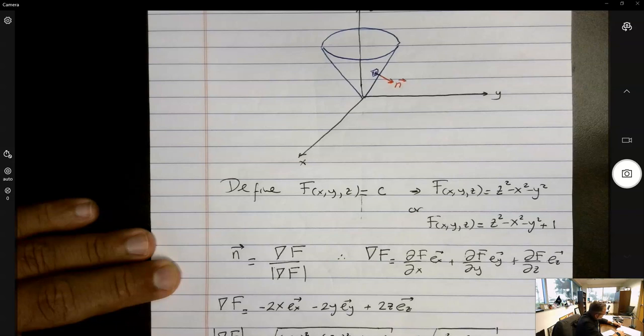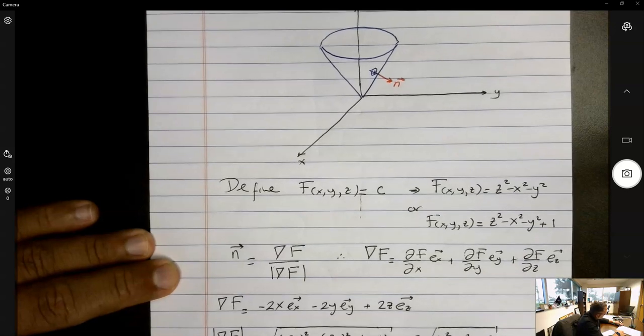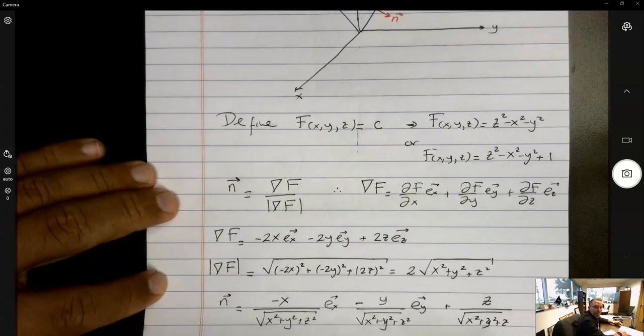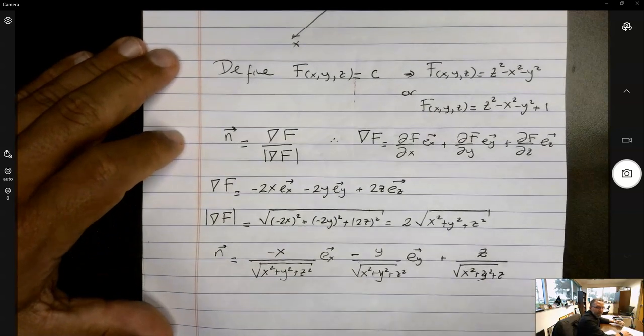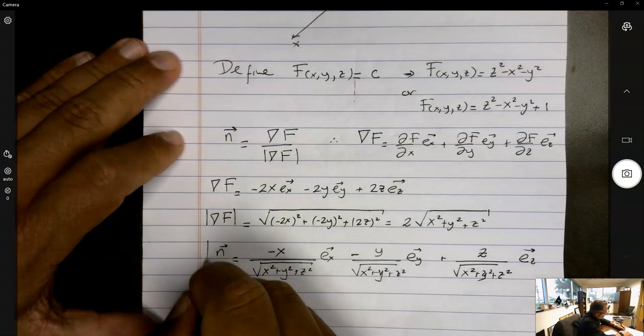In the x direction, minus x divided by the square root of x squared plus y squared plus z squared. In the y direction, minus y divided by the same square root. In the z direction, plus z divided by the square root of x squared plus y squared plus z squared.